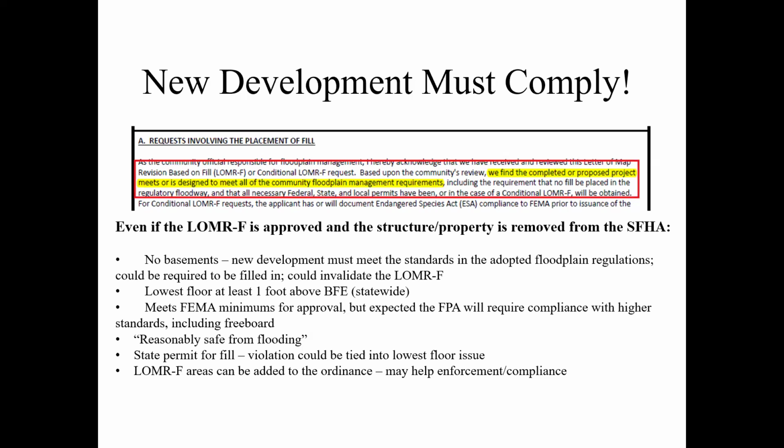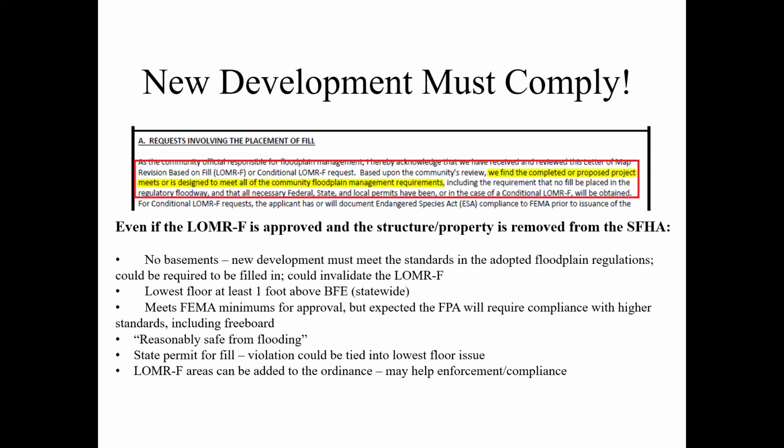And that's another thing that has caused issues: FEMA approves these based on their minimums, meaning things are at or above the base flood elevation, and they will approve it regardless of our state or local standards. It's not great. I mean, they don't really help us to promote the higher standards by doing that, but we are expected to comply with what we've adopted as a state and as communities.